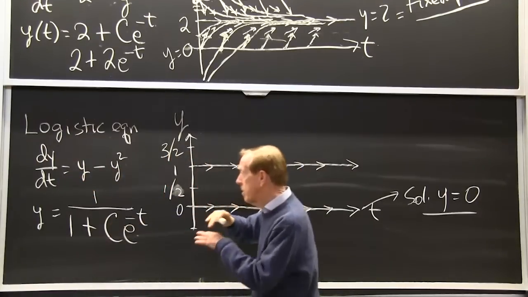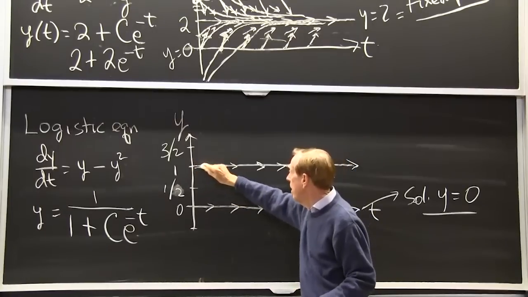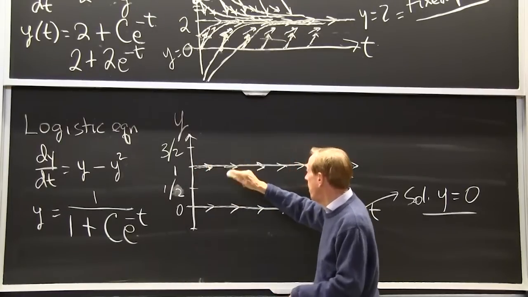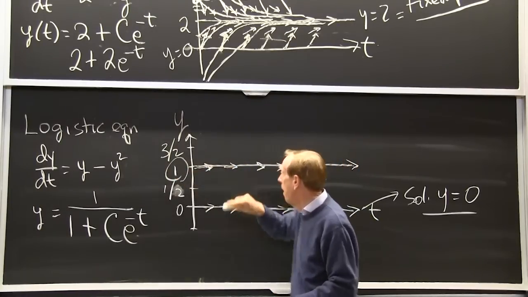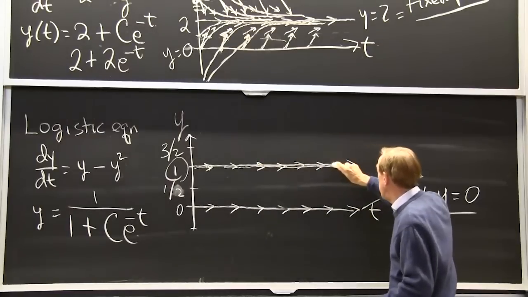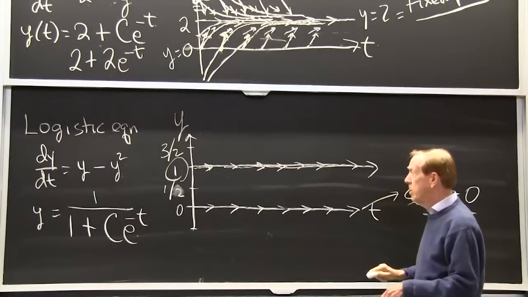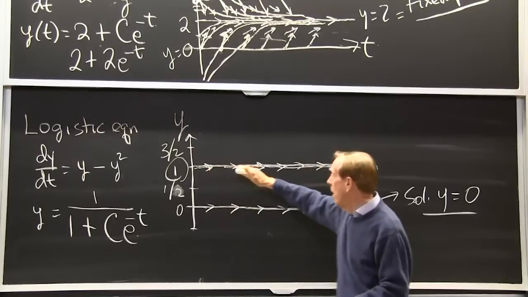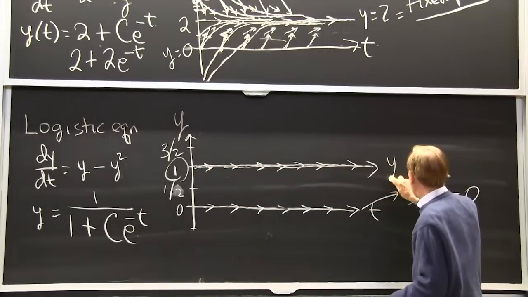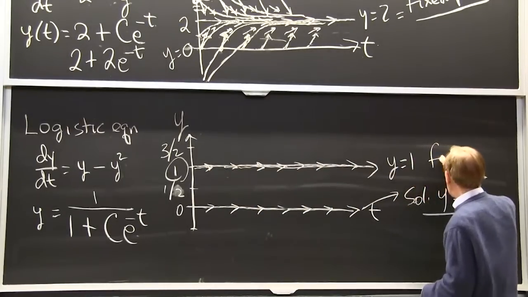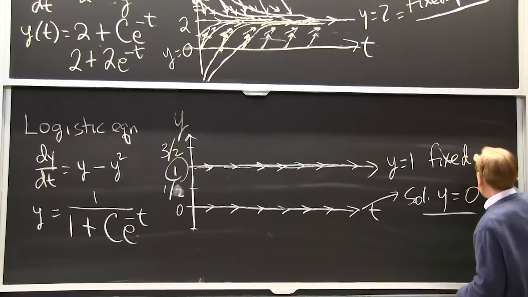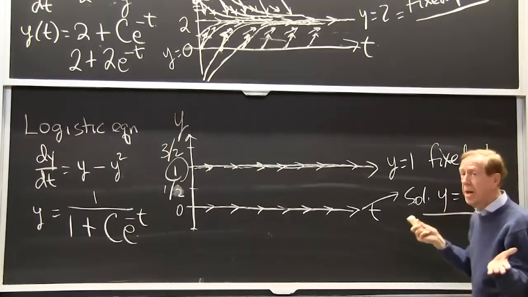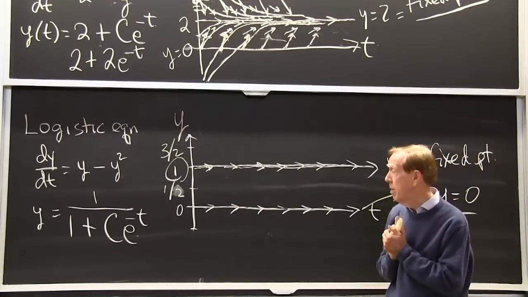Slope is 0. We have the arrows all have 0 slope along the line y equal 1. So there's another solution which doesn't do anything exciting. It just stays at 1. Y equal 1 is another fixed point. Steady state, whatever words we want to use.